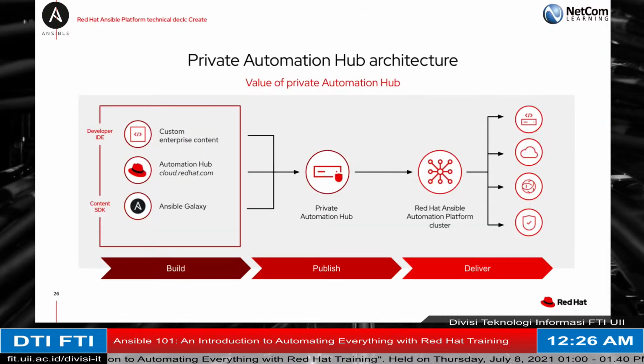So there, on the left side, what you're seeing here, these are essentially hubs or repositories. This is all content that's either being provided or hosted privately, maybe on your GitHub repository, or is being provided by Red Hat or partners via the Automation Hub or the community repository. So remember, all this is open source. So there's the Red Hat version, and then there's the upstream community version. So Automation Hub, that's the Red Hat version.